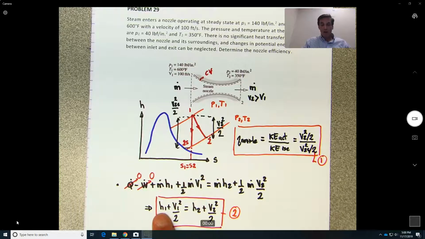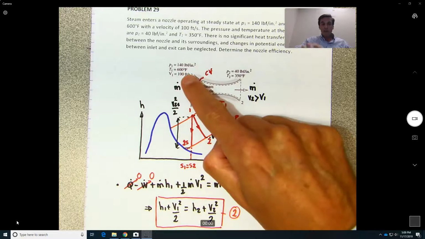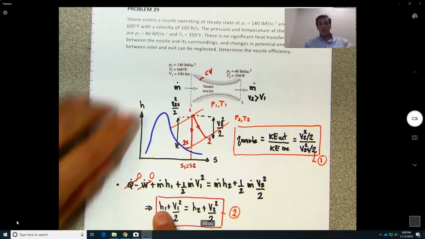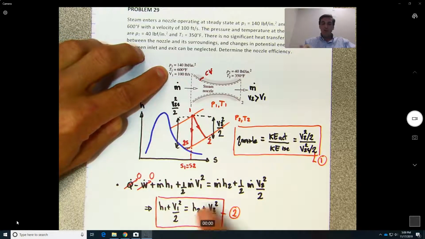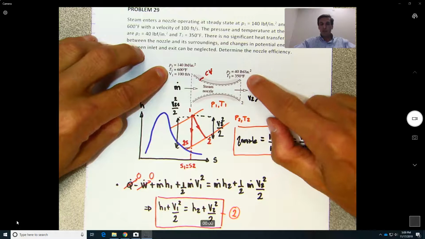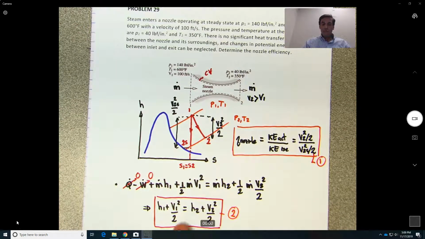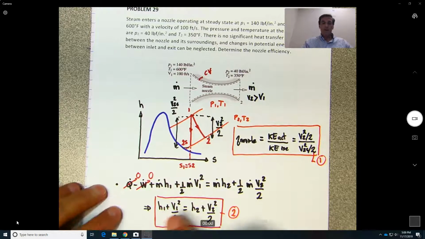We're going to need H1, H2, V1, V2. So V1 is given. We can find H1 from where? P and T, we know two things. We can go to the table and find H1. We can find H2. We know two things here, P2 and T2. Then, in order to find H2S, we use the condition that S1 equals S2.